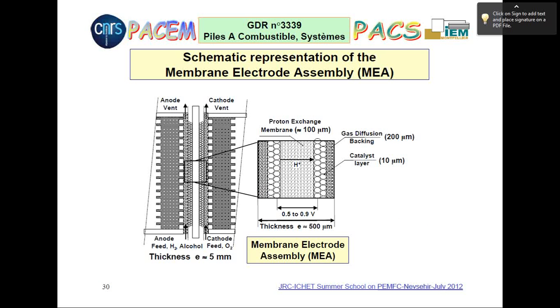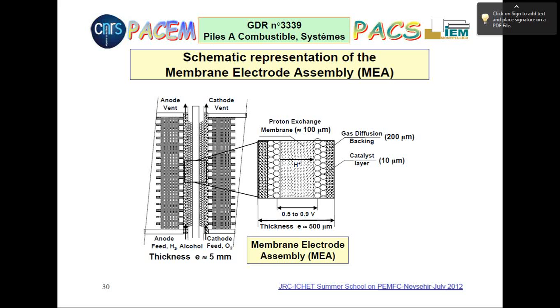The most important point is the membrane electrode assembly, which consists of the proton exchange membrane, Nafion for example, a proton conducting membrane. You have the catalytic layer on both sides, and then you have the gas diffusion layer.